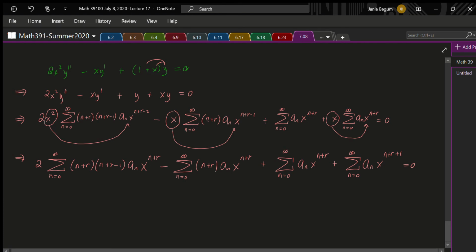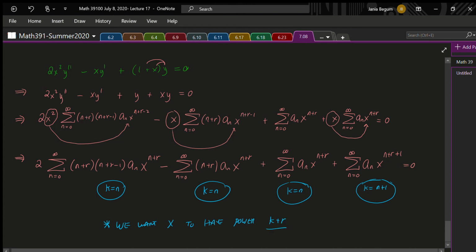If we want the power to be k plus r, for the first summation, k is just going to be n, because that will give us k plus r as a power. For the second one, k equals n also. The third one is also k equals n. And the last one is going to be k equals n plus 1. That will give us k plus r. Okay, so that's the key idea.